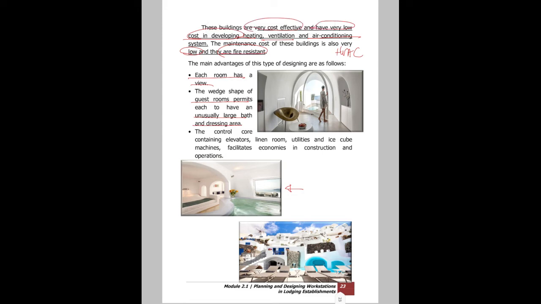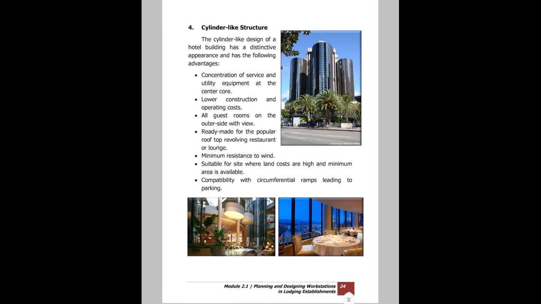Okay. Next slide. We have the cylinder-like structure. So, when we say cylinder-like structure, it is a design of a hotel building which has a distinctive appearance and has the following advantages. So, si cylinder structure, usually ginagamit siya ng mga architects to have the so-called curvier aesthetic.